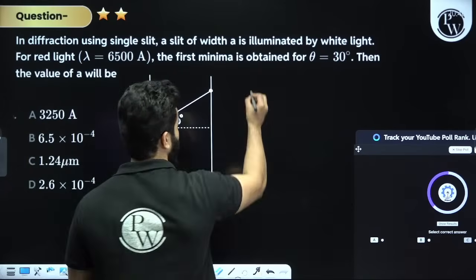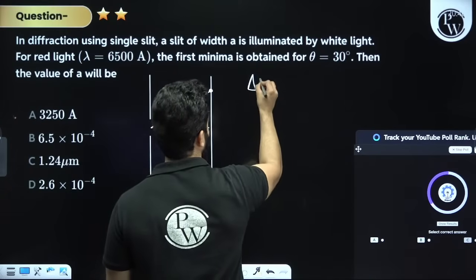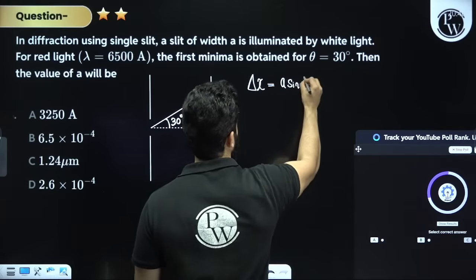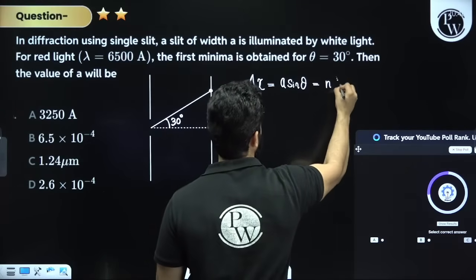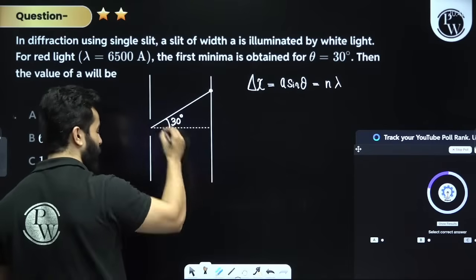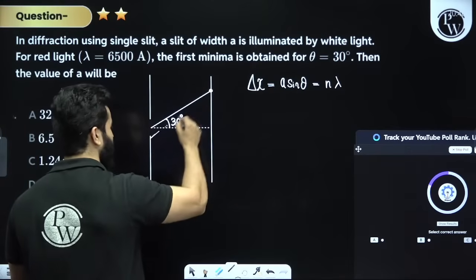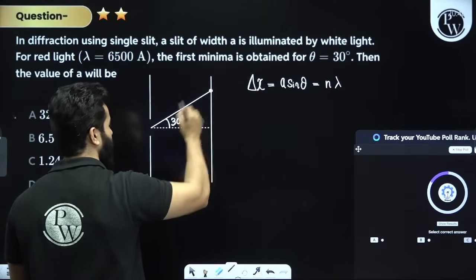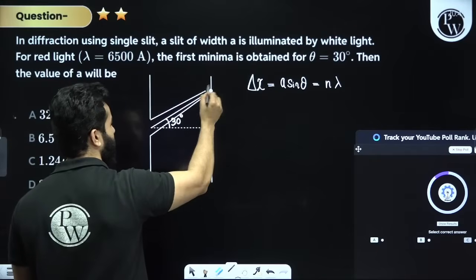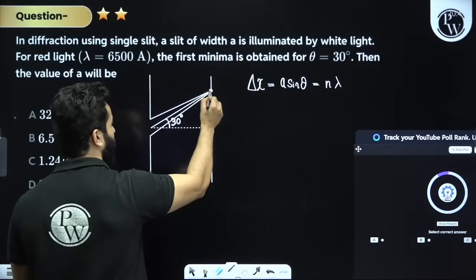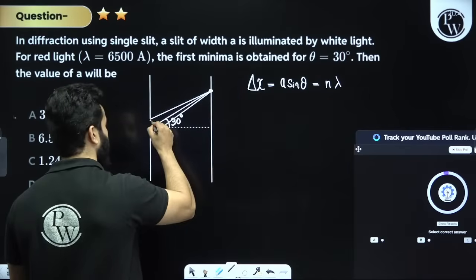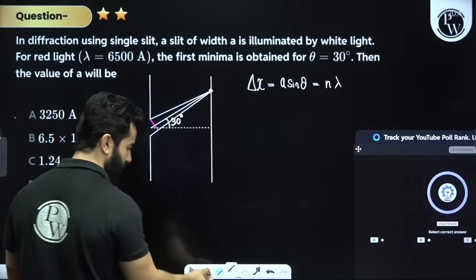Now we know that for minima, delta x, which is written as a sine theta, will be written as n into lambda. And by the way, if you want me to draw, this length is a sine theta.